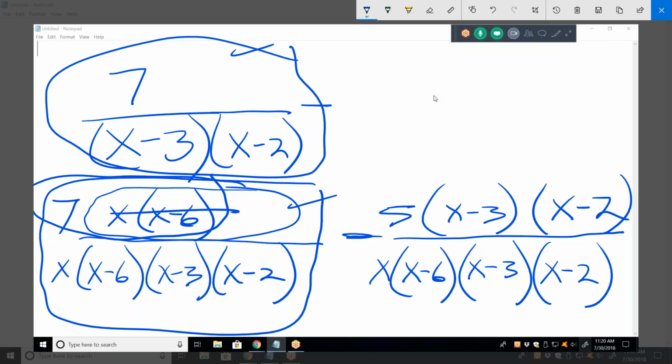In other words, let's replace that immediately with x squared minus 6x, the whole thing multiplied by 7. So what's that give us? 7 times x squared minus 6x. That 7's got to multiply by that minus 6x. All right, 7x squared minus 42x.